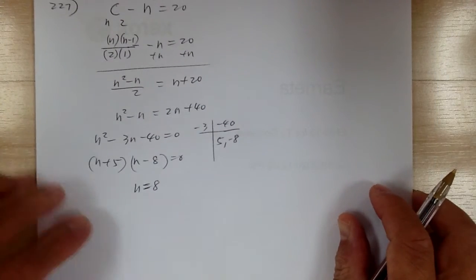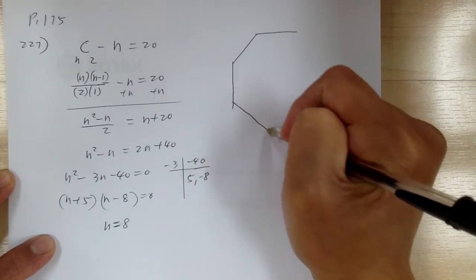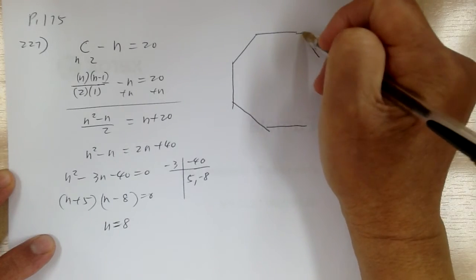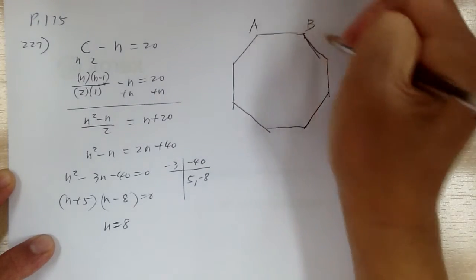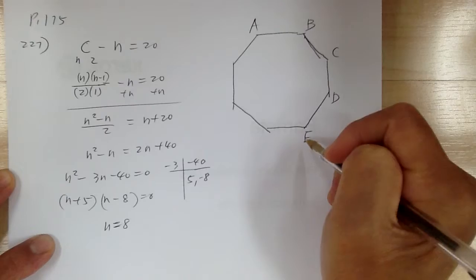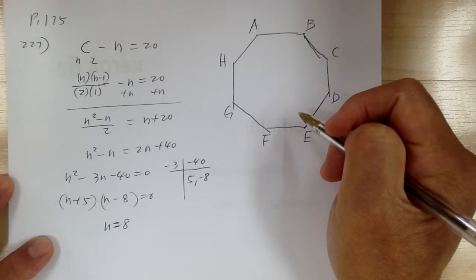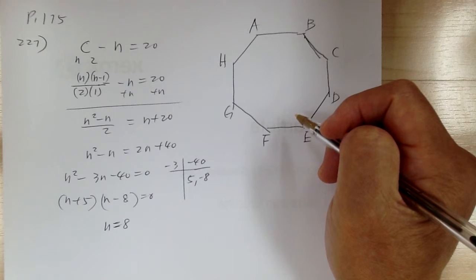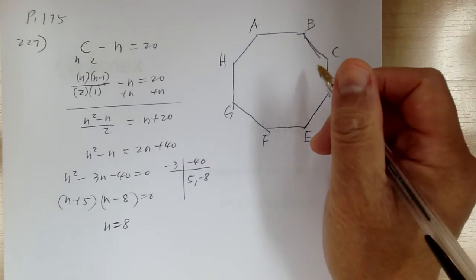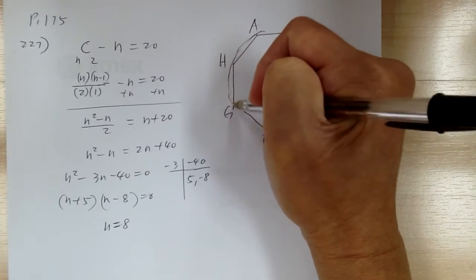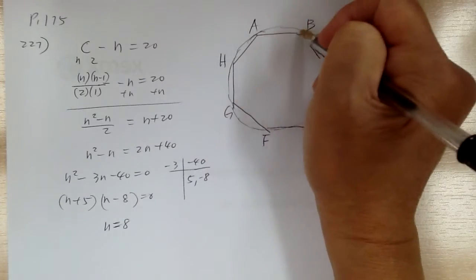Okay. So once we know the number of sides, we can draw our octagon. Let's call the vertices A, B, C, D, E, F, G, H. And we're looking for the area of the circle, so the octagon is inside the circle.